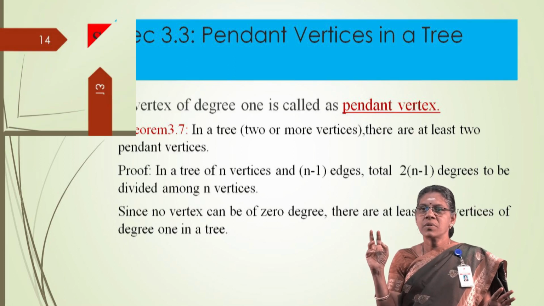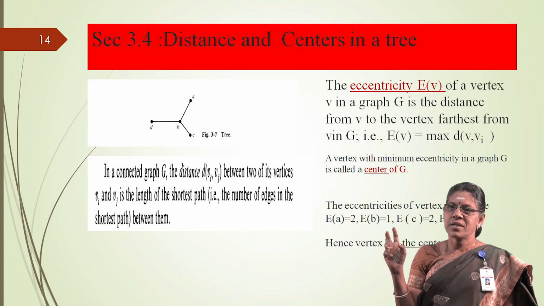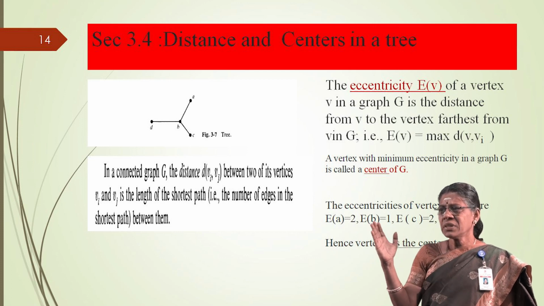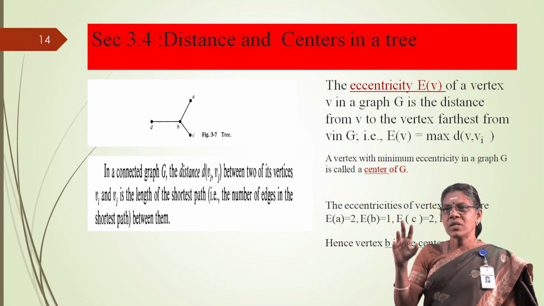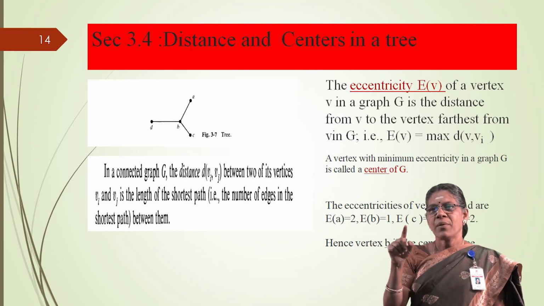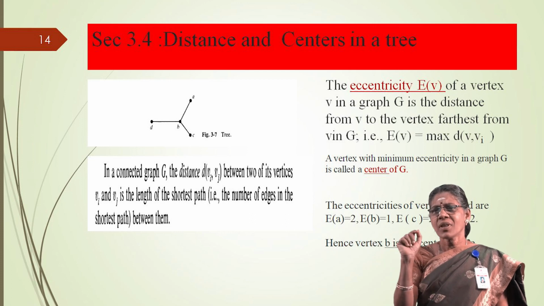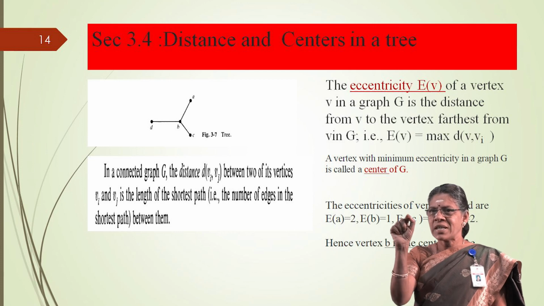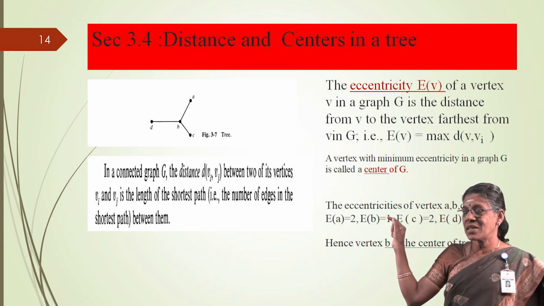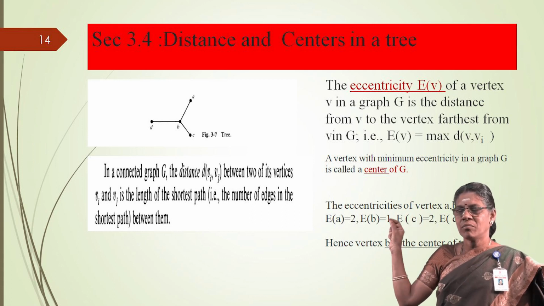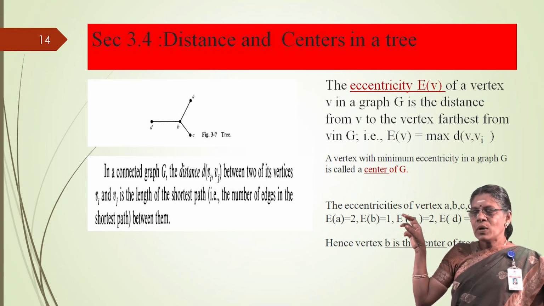Next, another concept: distance and centers in a tree. We may calculate the distance between vertices and the center of a tree. See the tree A, B, C, D with 4 vertices. By looking at the tree, the vertex B is in the center; visually we can guess that the center of the tree is B. And what is the distance concept?